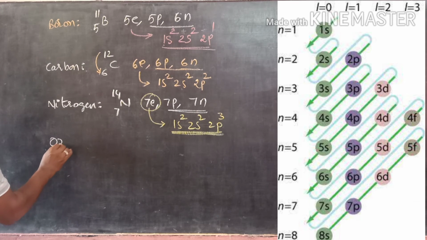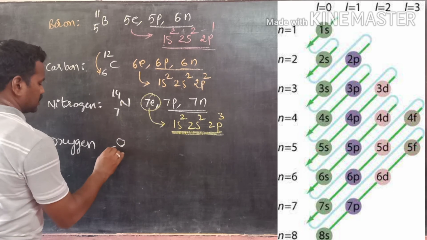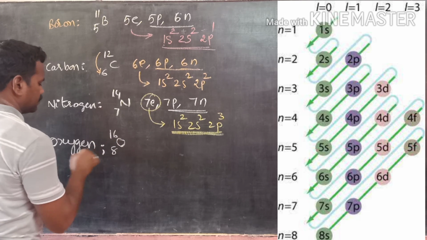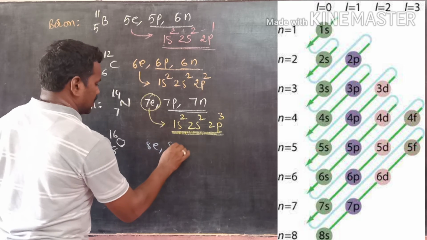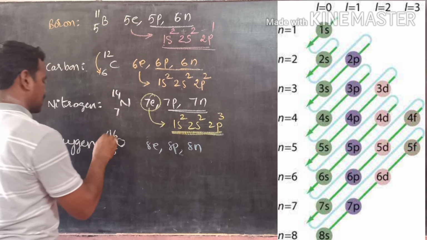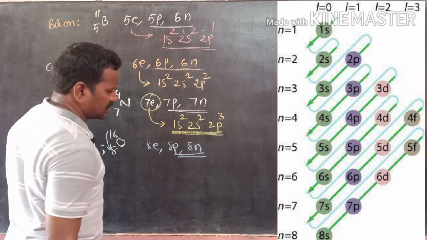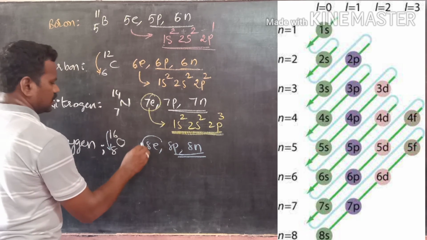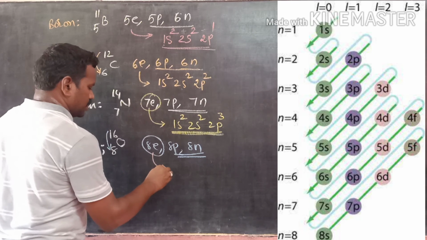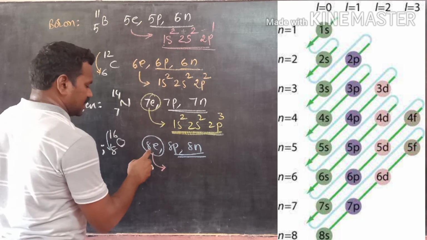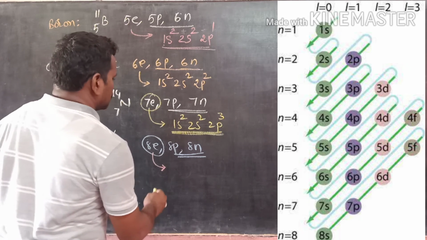Next element is oxygen. General representation is O-16 with atomic number 8. This means it contains 8 electrons, 8 protons and 8 neutrons. That is 16 minus 8. These 8 protons and 8 neutrons are there inside the nucleus. Now what about these 8 electrons?